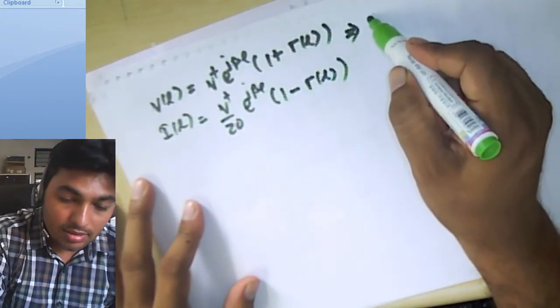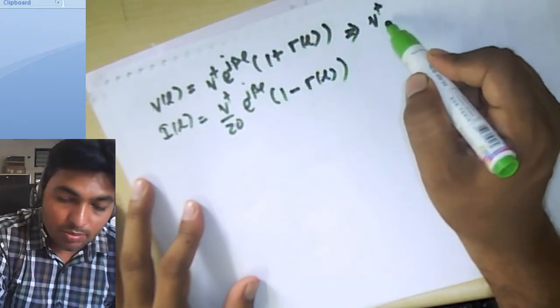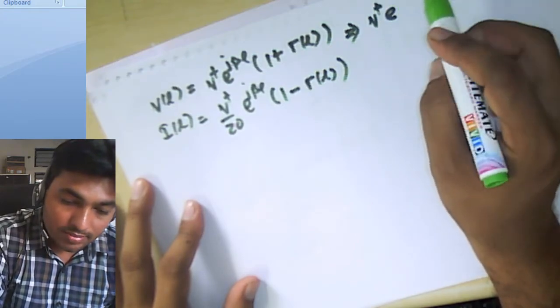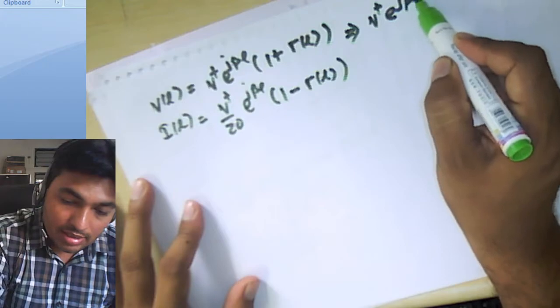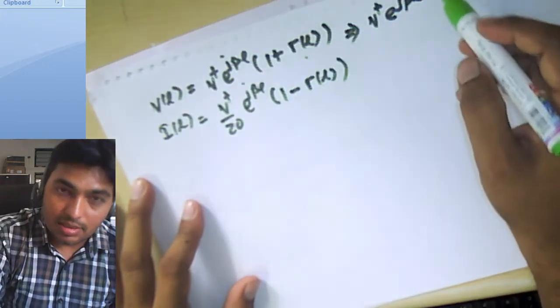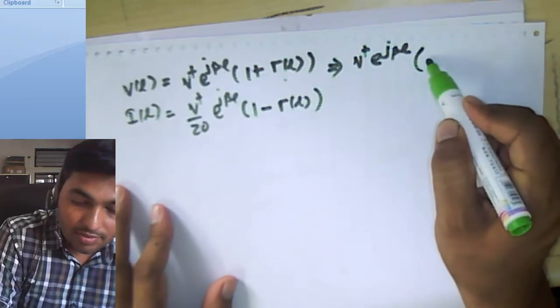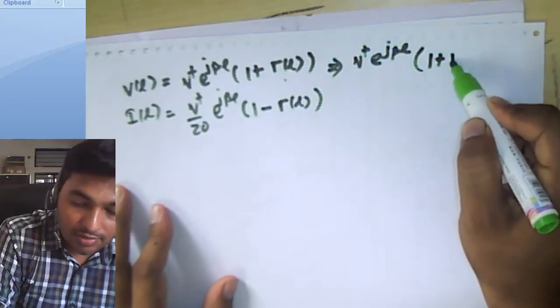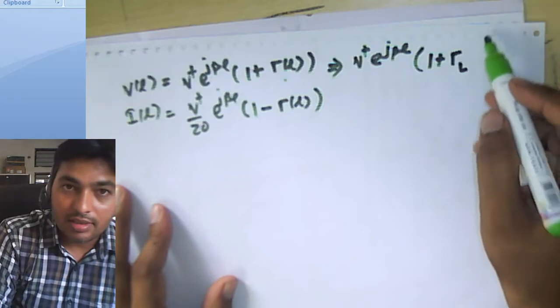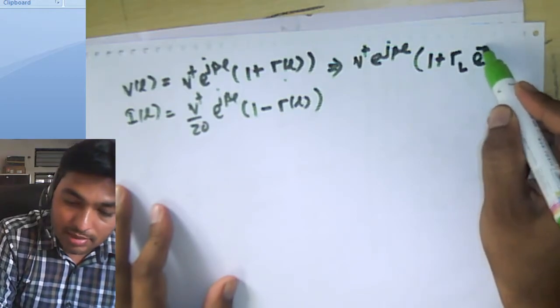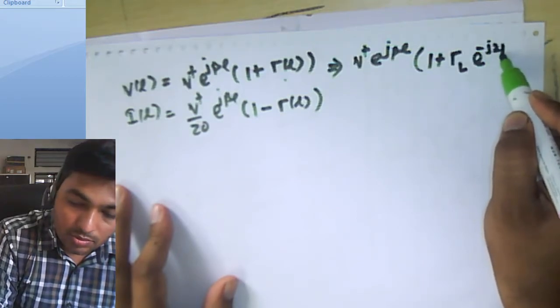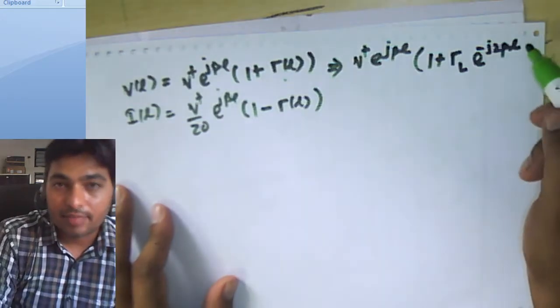This can be further modified as V+ e^(jβL). Instead of the complete reflection coefficient at any point on the line, we write this in terms of the reflection coefficient at the load multiplied by e^(−j2βL).